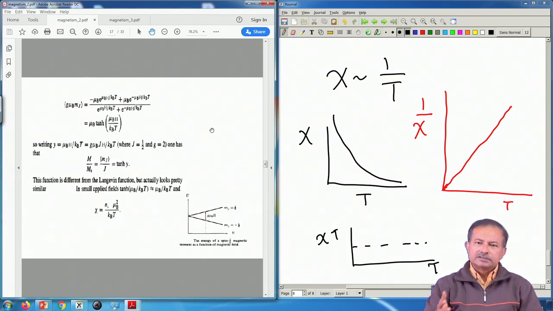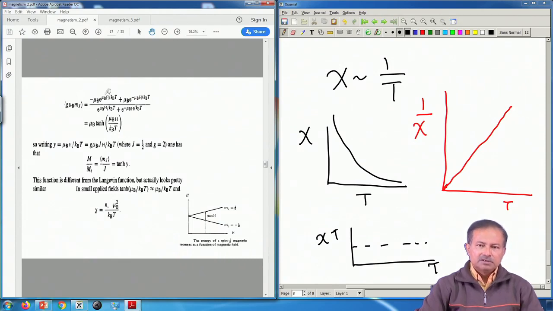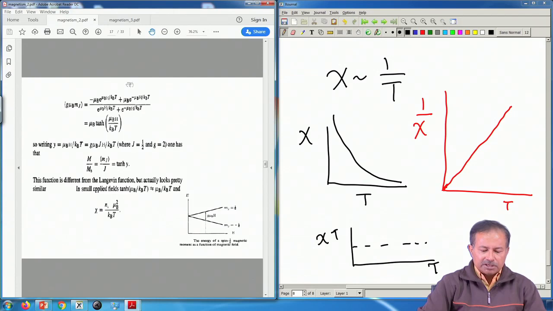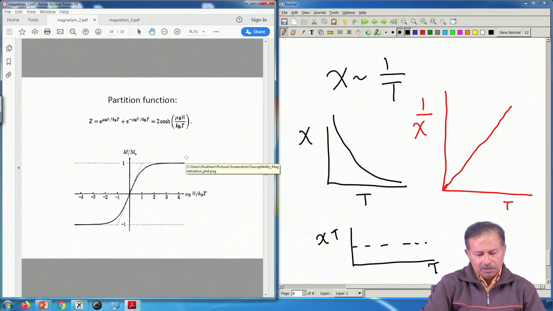These two effects are taken care of in a statistical mechanical calculation, where we did the usual calculation: either you directly calculate the average, or you calculate the partition function, from which you take derivatives, the derivative of the log of the partition function, to calculate physical quantities like magnetization and susceptibility.